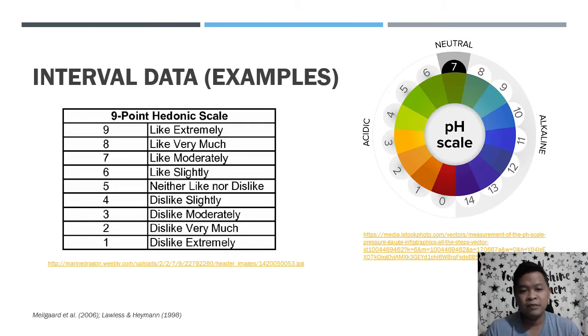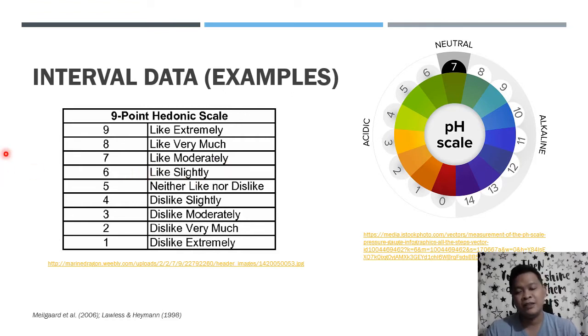So as previously mentioned, the specific 9-point hedonic scale has been tested to generate more or less interval data, such that the anchors attached to the numbers have a psychological distance which are roughly the same, such that between dislike very much and dislike extremely, the difference of quantified liking is pretty much the same as between like slightly and like moderately.